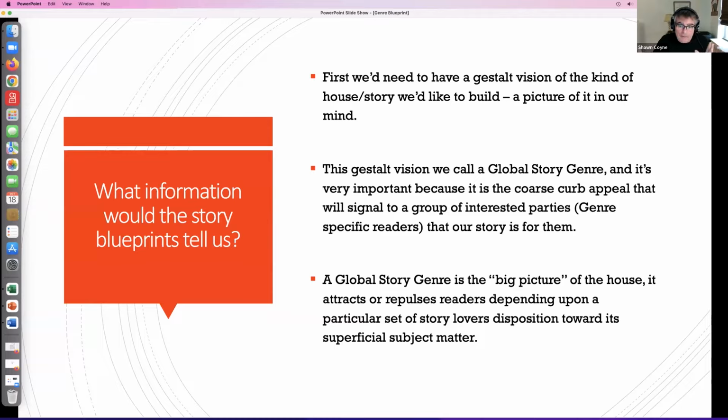It's the whole of the house. It attracts or repulses readers, just like buildings do, depending upon a particular set of story lovers' dispositions towards its superficial subject matter. All that means is, what's the gut reaction of the people who see the building or see the cover of the story? That's what our global genre does.